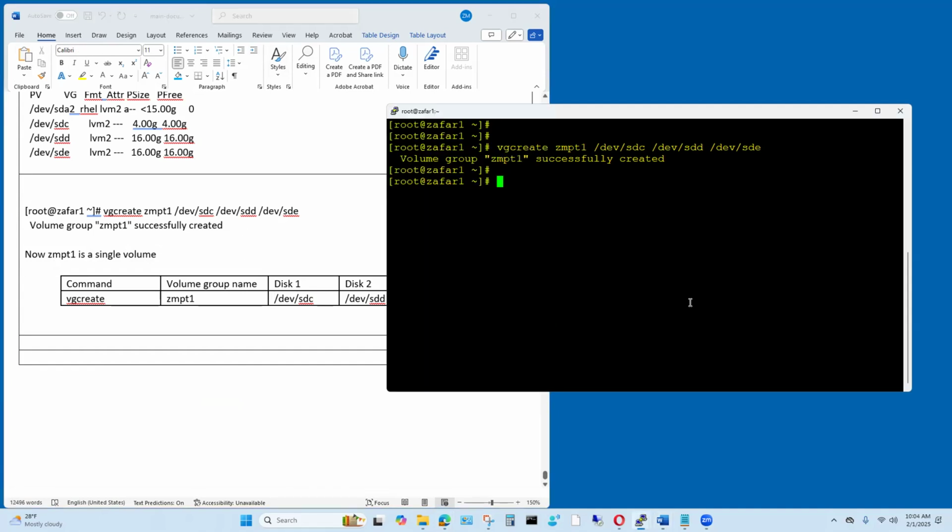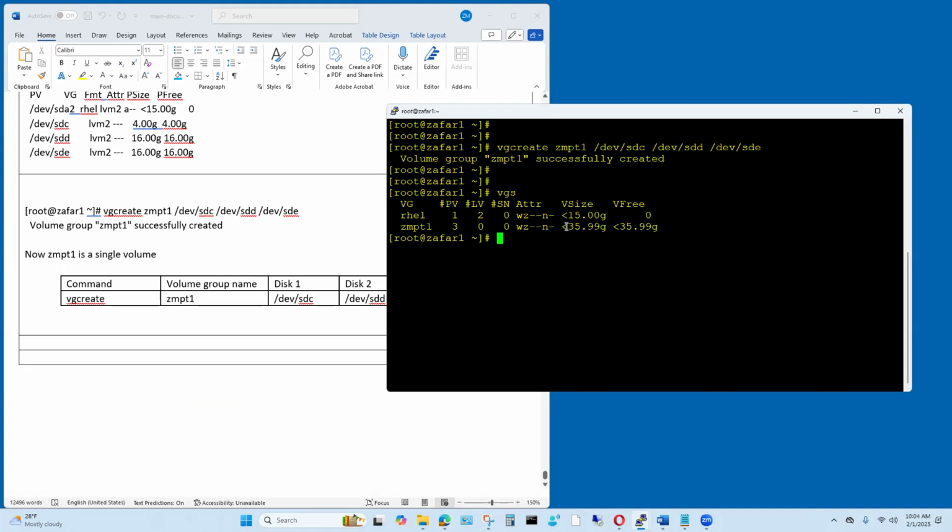Okay, now if you see vgs, it's a new command you're learning. Volume group show. So you see ZMPT1, and it says that it has three physical volumes in there.